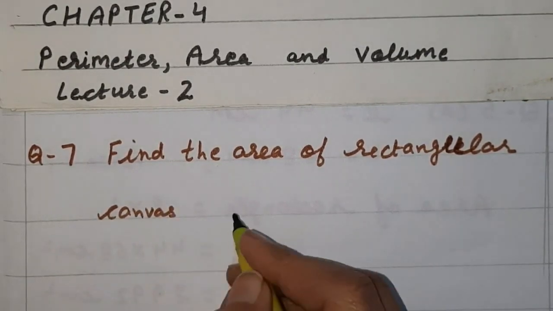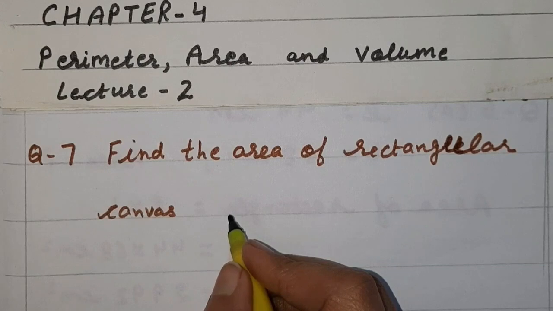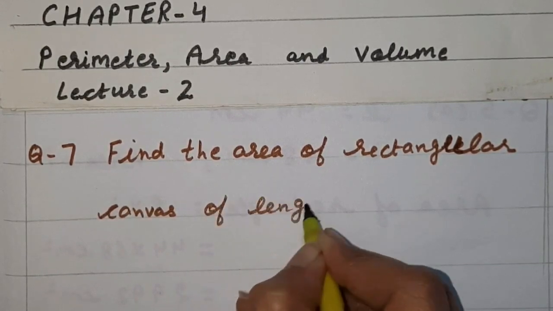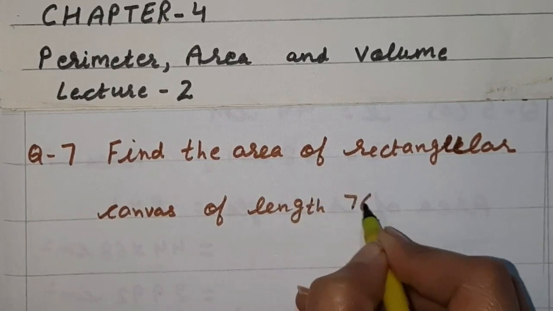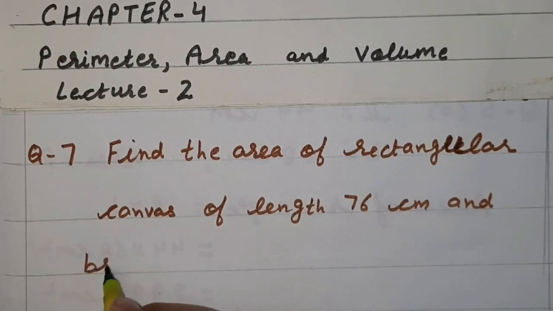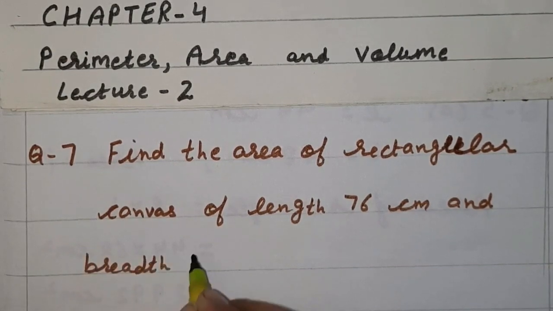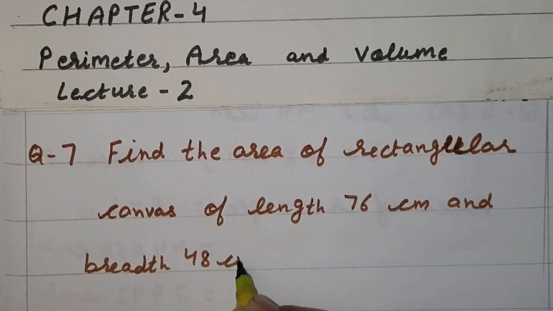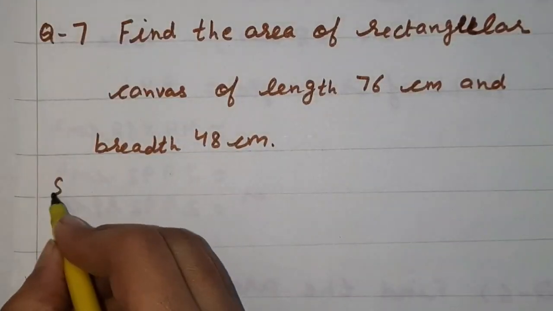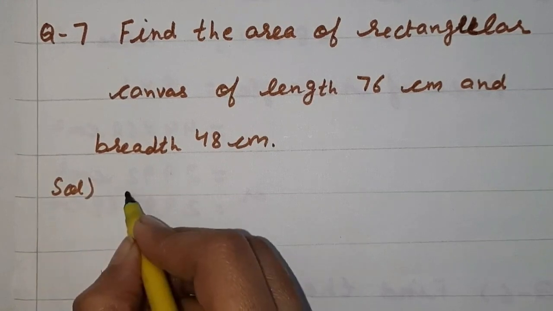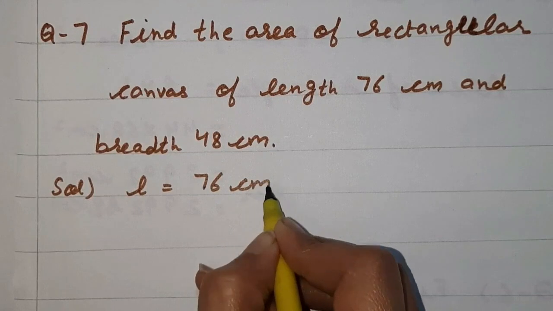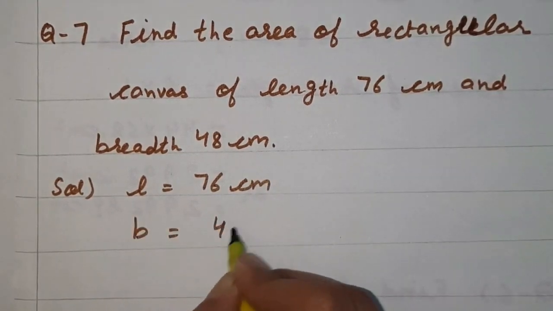Canvas means chitra, painting, of length 76 centimeter and breadth 48 centimeter. So length is given 76 centimeter, breadth is given 48 centimeter.